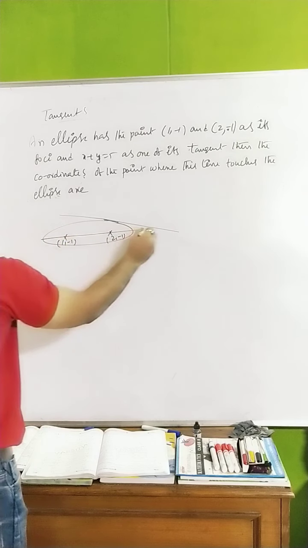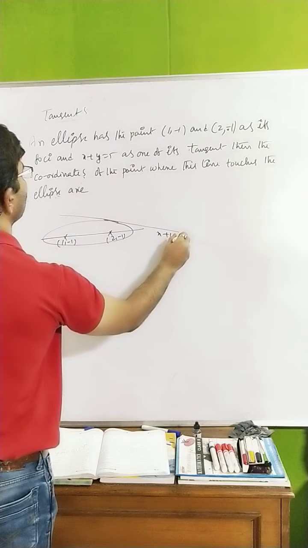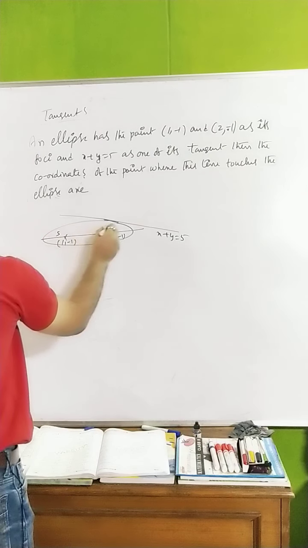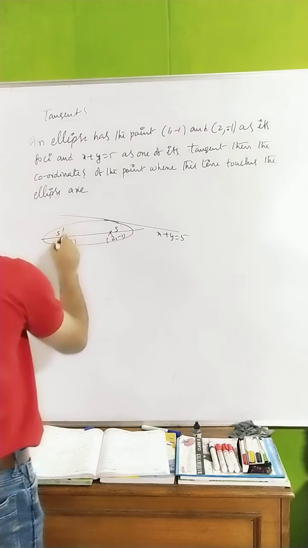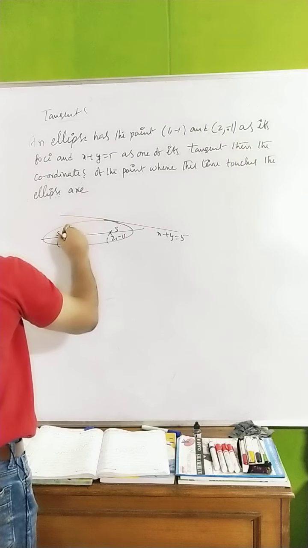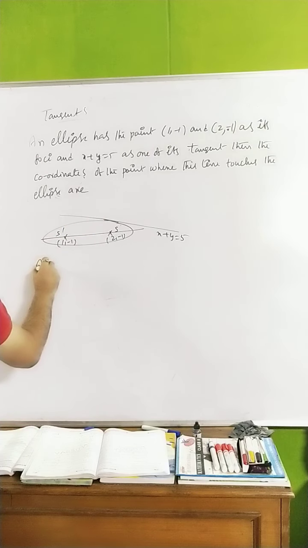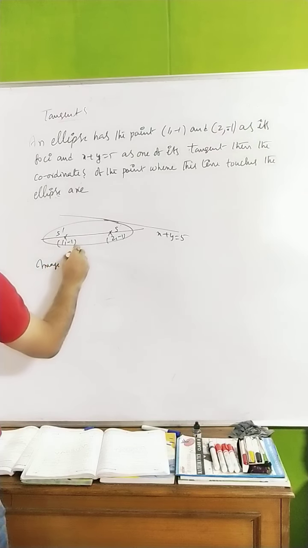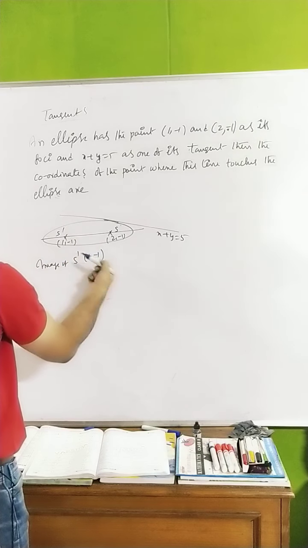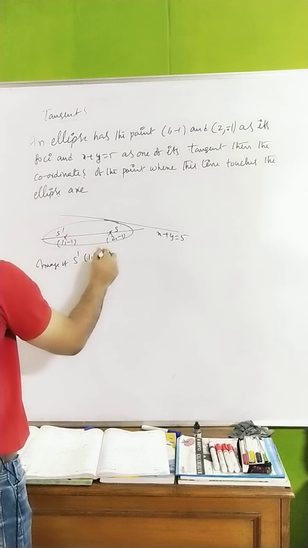So in this rough diagram, x plus y is equal to 5 is there. One property, please try your level best to understand this one. What I am trying to do here is take the image of S, that is S dash, the image of (1 comma minus 1).